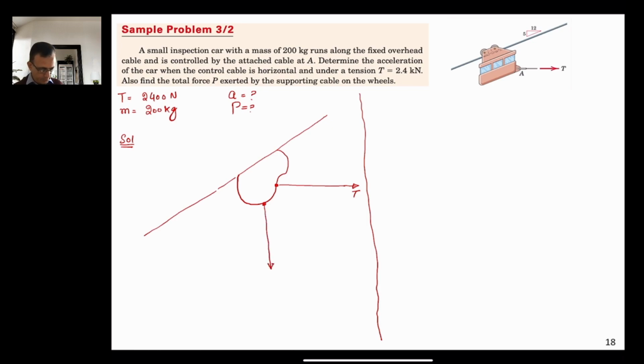This is the weight of the inspection car, and you can calculate it using mg, where m is given as 200 and g is 9.81.